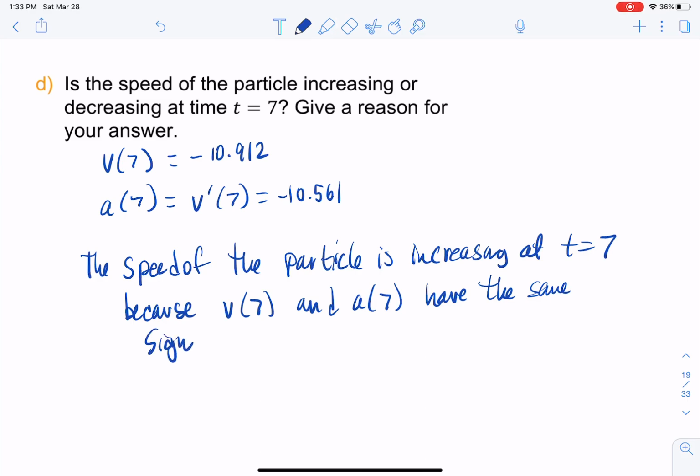That's all you have to write. Now you could say that v of 7 is negative and a of 7 is negative. That would also be an adequate explanation here. So we're saying that it's increasing with a reason that they have the same sign.